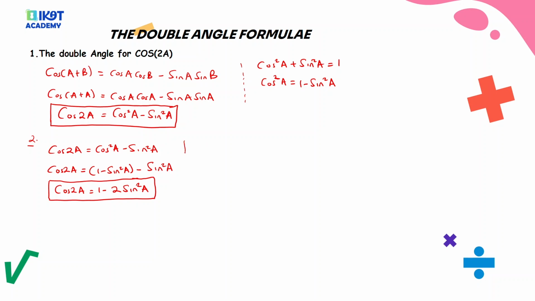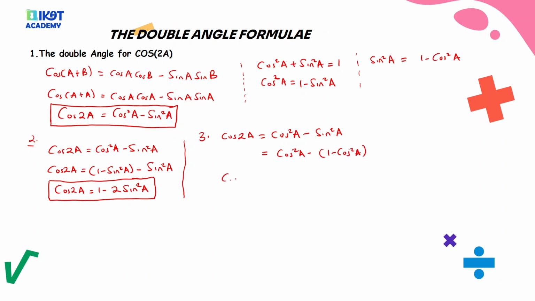Then we can have another one, version 3. And now how are we going to get version 3? We're just going to use the same expression. If we make sine squared A the subject, what do we have? We shall end up having 1 minus cos squared A. So we substitute it here because we're saying cos 2A is equal to cos squared A minus sine squared A. So this is now going to be equal to cos squared A minus (1 minus cos squared A).